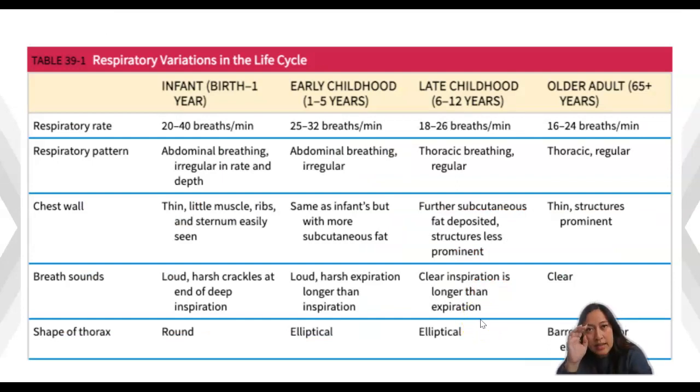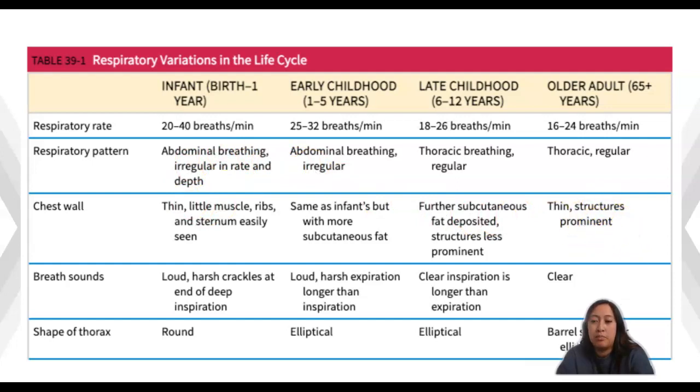Okay, so this talks about some of the changes in breathing and respiratory structures as patients progress through life. You could see here with our older adults, this is a typical respiratory rate. They do tend to be more chest breathers as opposed to children, who are big abdominal breathers.